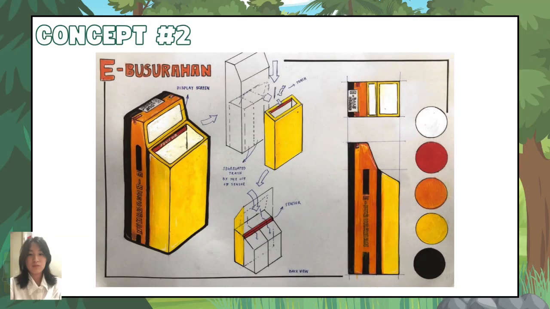The concept design of the E-Busurahan starts with it looking like a children's bus with the main colors of red, orange, yellow, black, and white. As we can see here, there is the main trash can which has a sensor and a display screen, and inside of it, it has a sensor for segregating the trash.